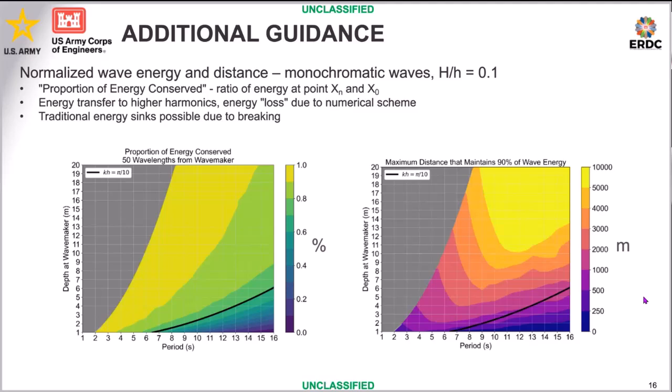And on the right plot, there's this maximum distance that maintains 90% of the wave energy. For all of the parts where the color bar goes up to about 10,000, those are all cases where you don't really have to be all that careful about the size of your domain and potentially losing energy for highly nonlinear waves. But as you go into the limit of the shallow water region on the bottom right, or to the extremely nonlinear on the bottom left, you can see those contours are kind of battling each other.